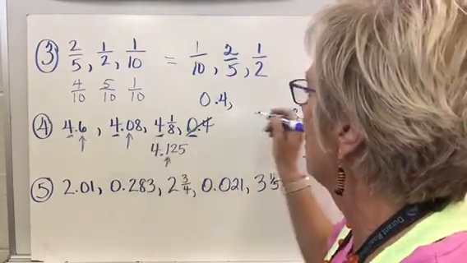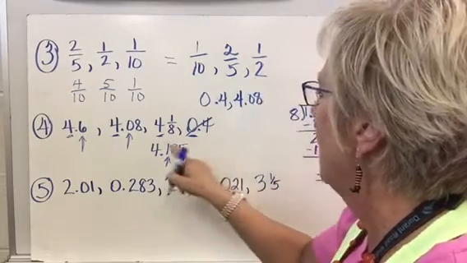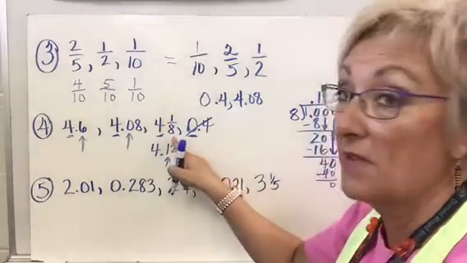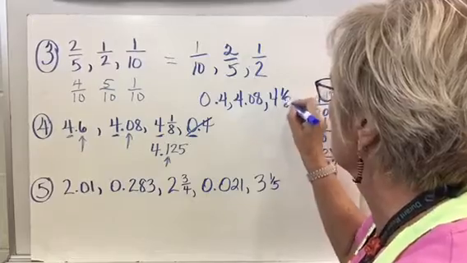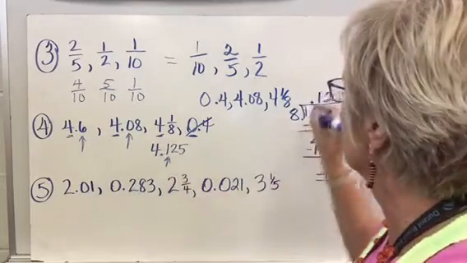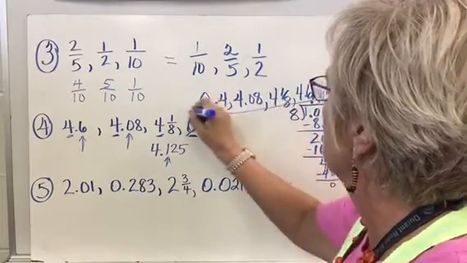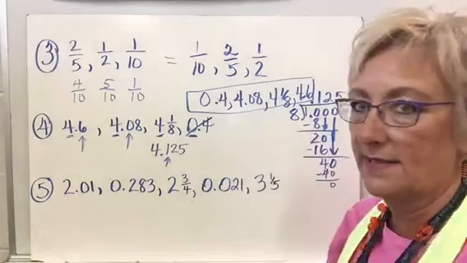I know that 4.8 is going to be my next number. I know that the next one is going to be 4.125, which is going to be 4 1/8 because we're going to use the original that we started with. And then I know that 4.6 is going to be the greatest one of all of them. So I'm going to write them in their original form, and this is from least to greatest.